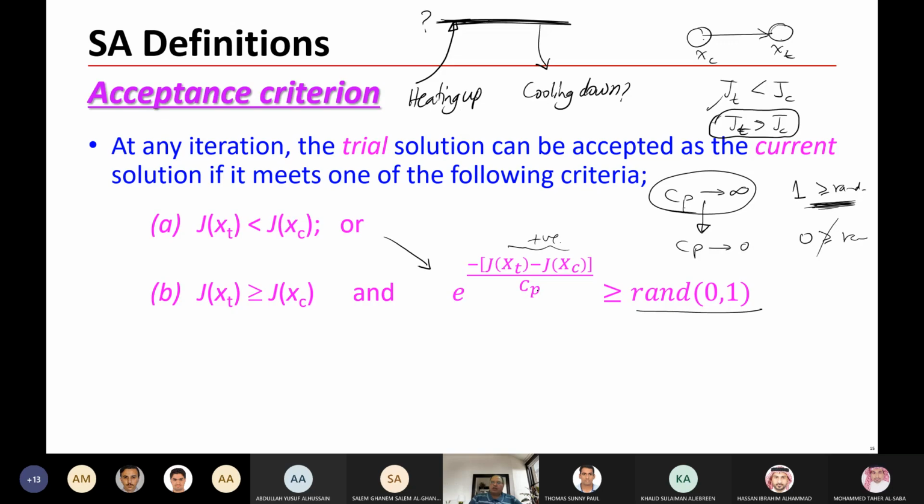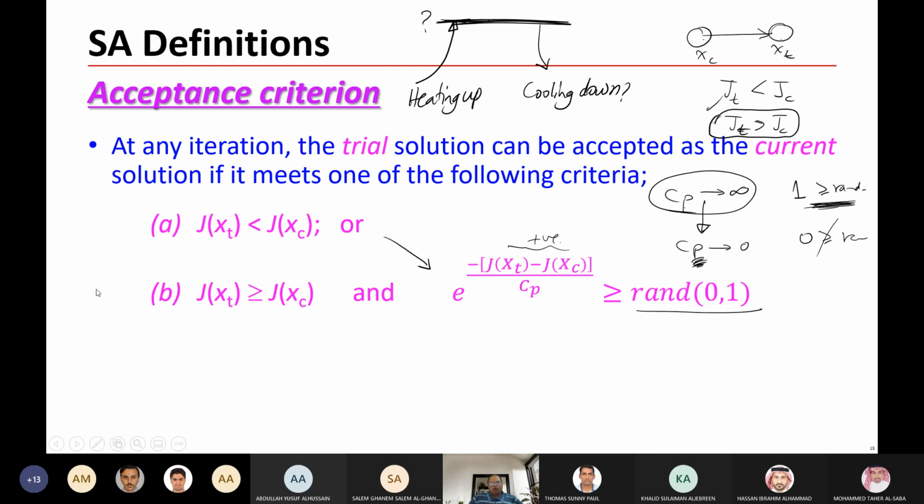So when we reach the final stages of the simulation, we will not accept any trial solution if it is worse than the current solution. Okay, so we can accept the trial solution if one of these conditions has been satisfied.